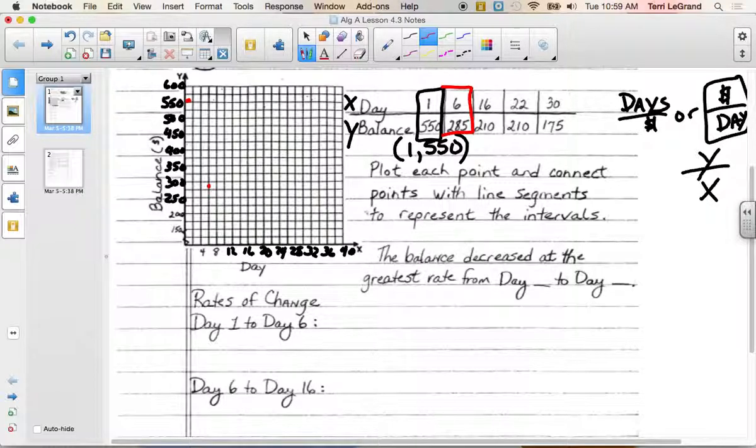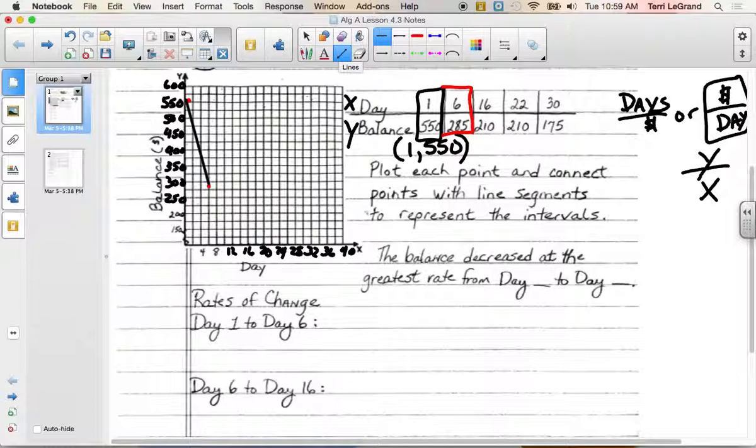And what we're going to do is make line segments on this graph. So I'm going to give you a ruler, and I want you to connect those 2 points, the 2 that we just put on the graph. So connect the 2 points.